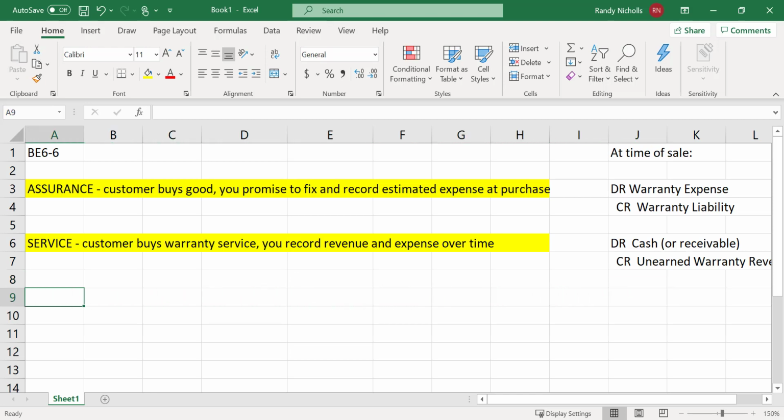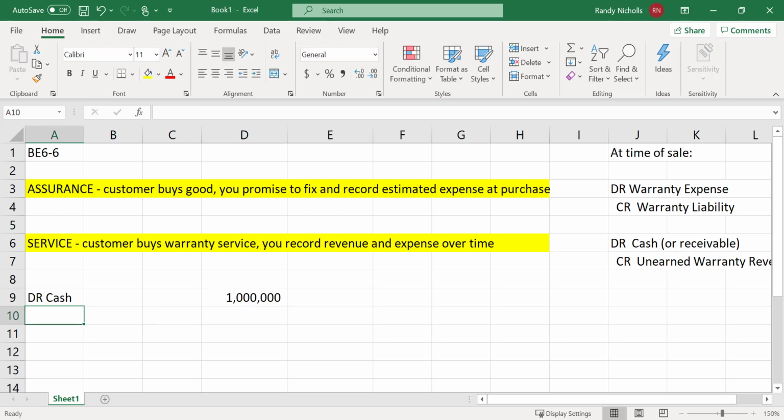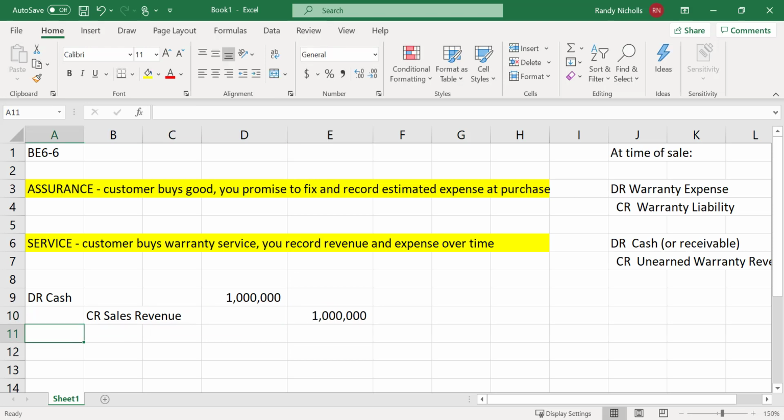So following through the question in the textbook, BE6.6, we sold for a price of $1 million. So I'm going to have a debit to cash and a credit to sales revenue. So my normal sales entry, I'm selling a good, so normally when I record the sale, I also want to record the cost of goods sold.